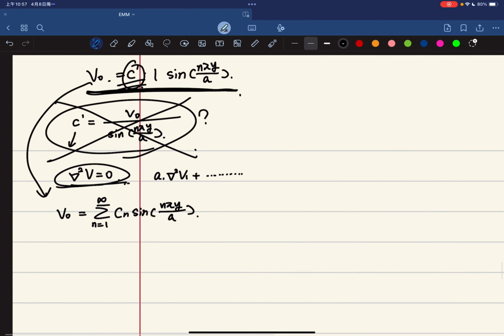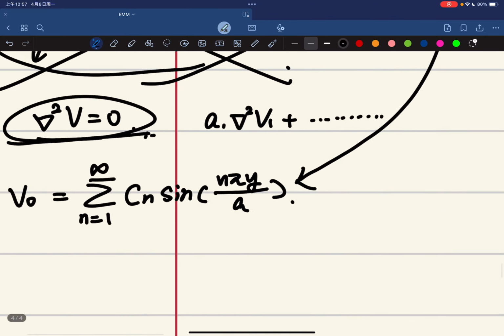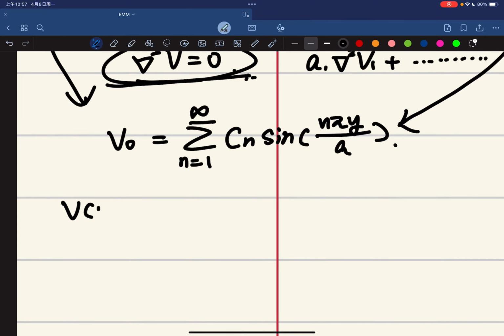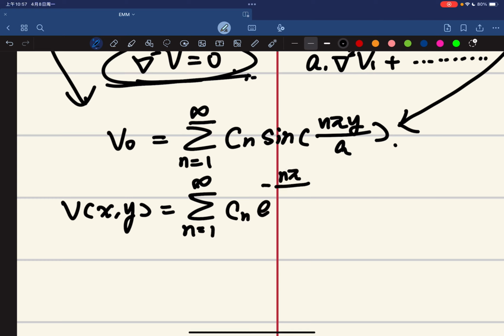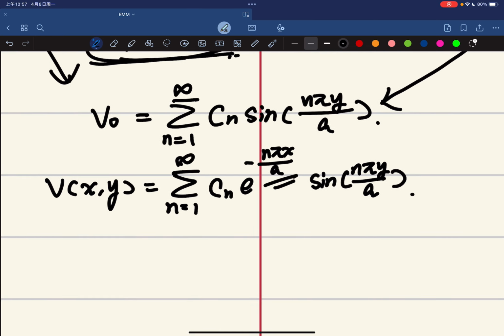So here what I do is just write this form as a linear combination, which means that our general solution will be in this form. So here the form becomes this because I already know what k is, right?